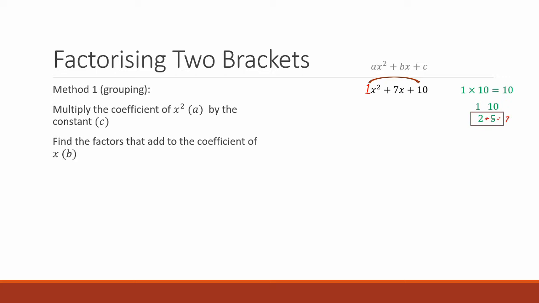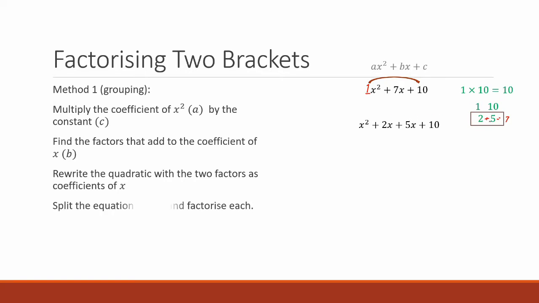So now I rewrite my equation as the two factors split out as the coefficients of bx. So I'm taking my two factors, I've taken my 7x and I've split it into the plus 2x and the plus 5x. Okay, you'll see when I add them together I still have 7x, but I'm just splitting it out to those factors. Now I'm going to split the equation in half.